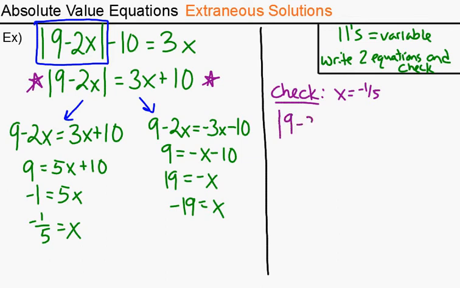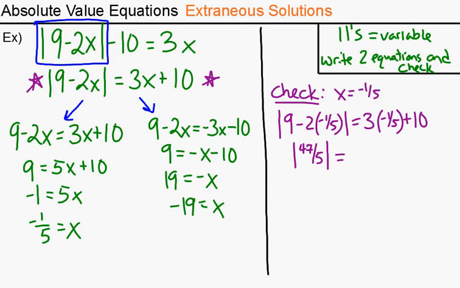I get 9 minus 2 times negative 1/5, and that equals 3 times negative 1/5 plus 10. It's really just a matter of using a calculator or doing some math. I'm not going to show all of that, but if I do all the math, I get 47/5, or its decimal approximation. In this case, an actual decimal because it's terminating.